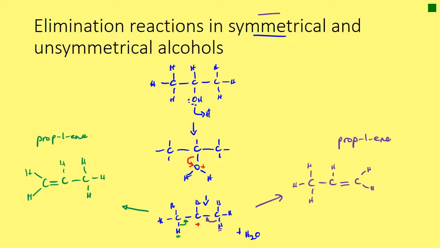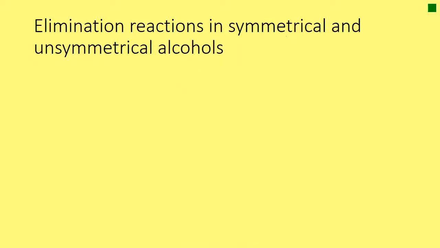However, that's not what happens when we start with unsymmetrical alcohols. So let's have a look at an example of that. Let's start off with butan-2-ol.